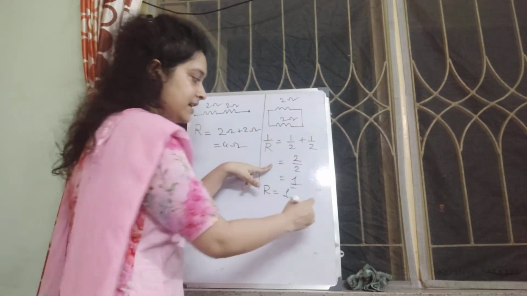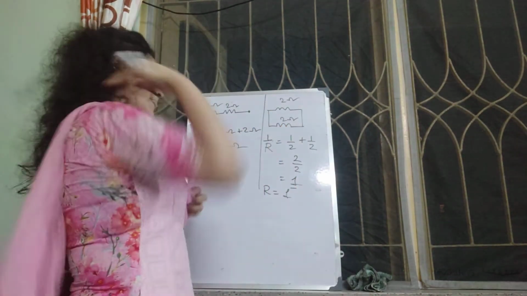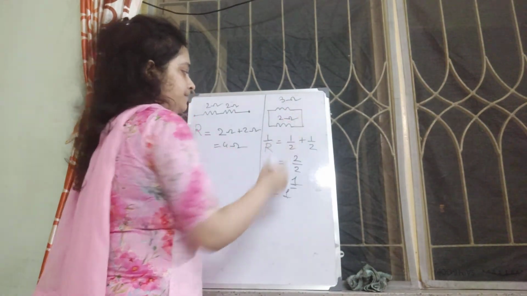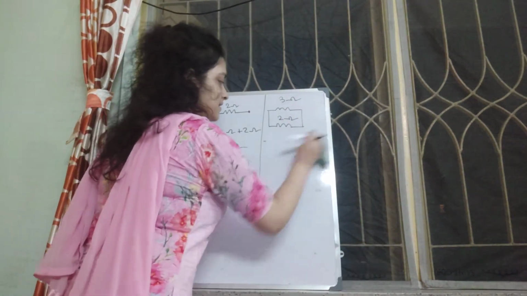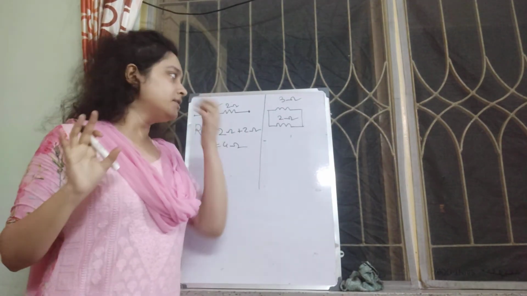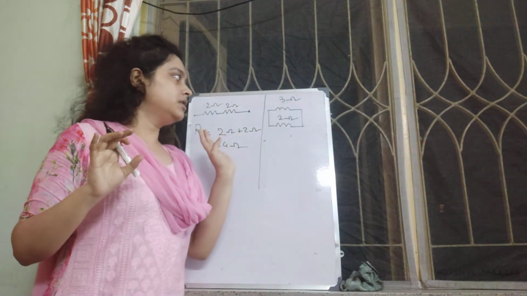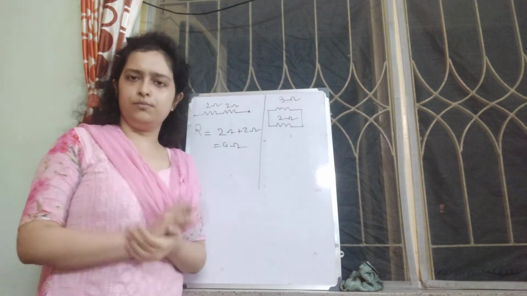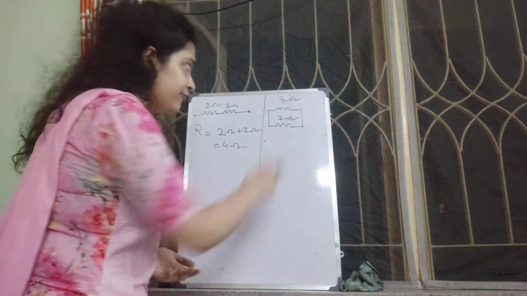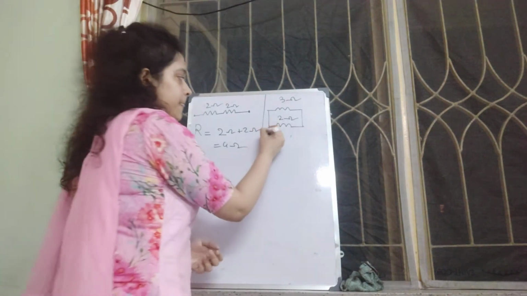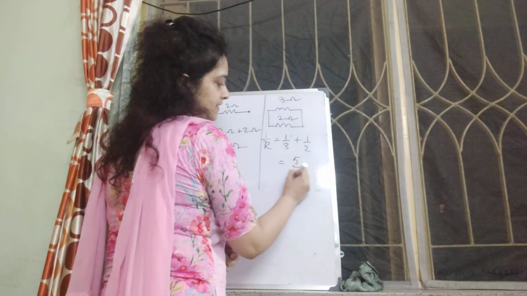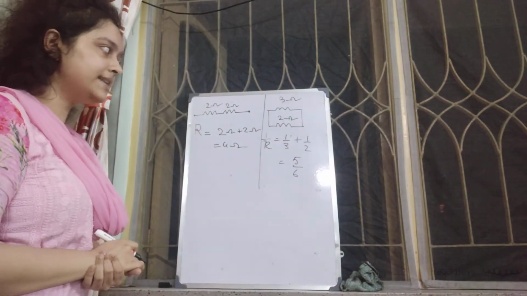But if it was say 3 ohm and 2 ohm, and I have asked you that I want a resistance which is less than 3 ohm or less than 2 ohm, if you then connect it in parallel, 1 by R equal to 1 by 3 plus 1 by 2, that is 5 by 6, right?